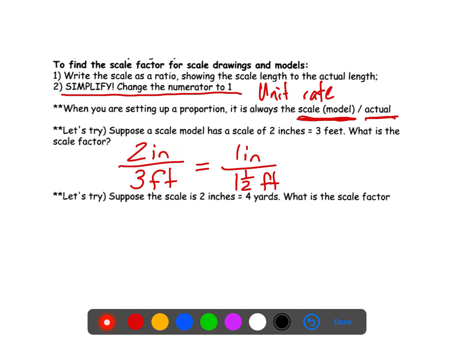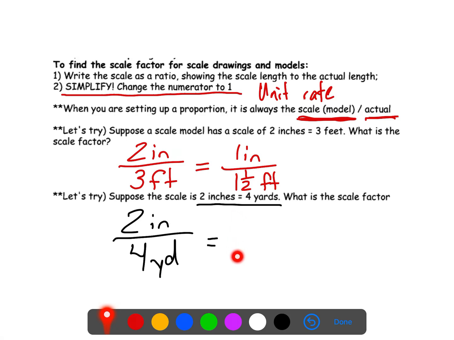Same idea for the next one, where it says the scale is 2 inches to 4 yards. I wrote the model measurement, the scale measurement, over the actual, and now I want a unit rate. So what does 1 inch equal?